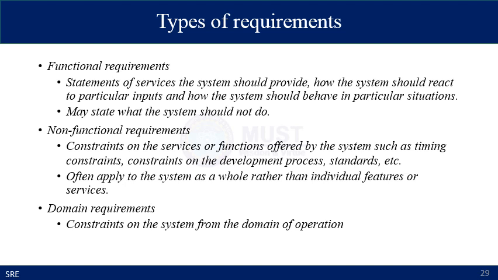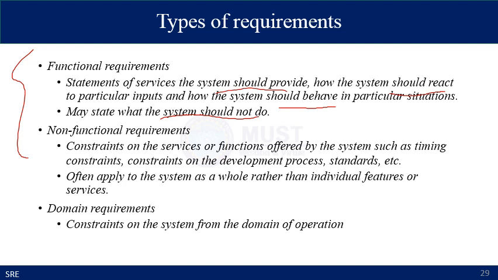And there are two types of system requirements known as functional requirements and non-functional requirements. Functional requirements are statements of the services the system should provide, how the system should react to a particular input, and how the system should behave in a particular situation. And it may state what the system should not do.